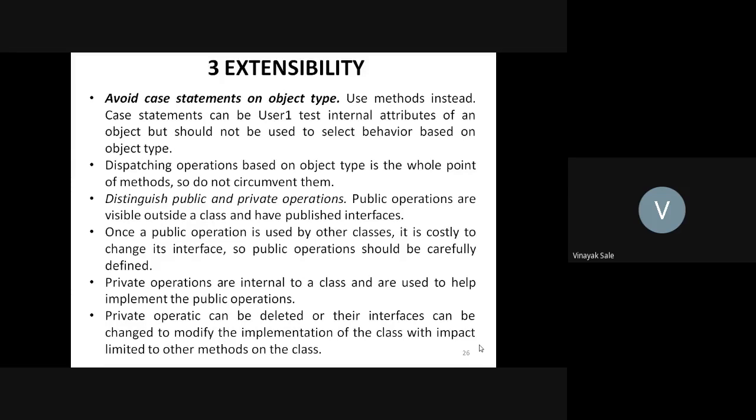Private operations are internal to a class. They are used to help implement public operations. Private operations can be deleted or their interfaces can be changed to modify the implementation of the class, with impact limited to other methods of the class.